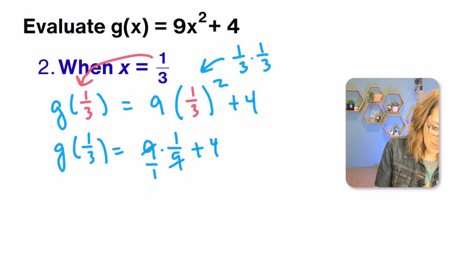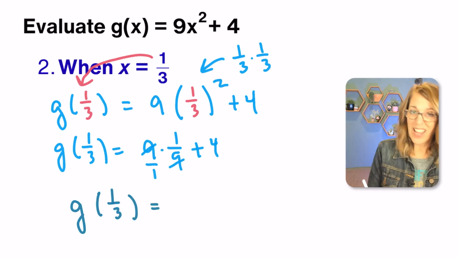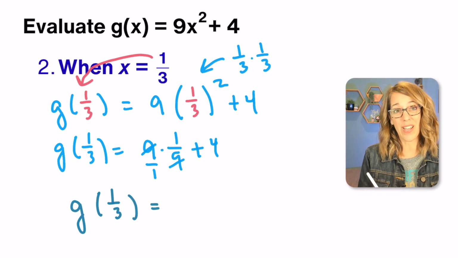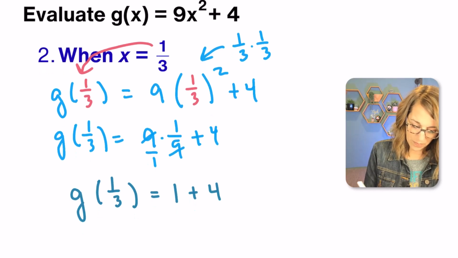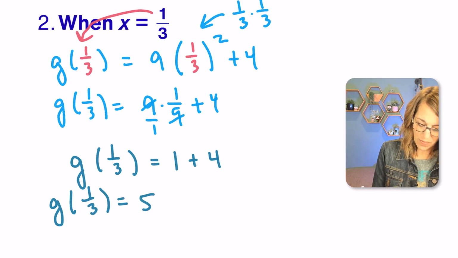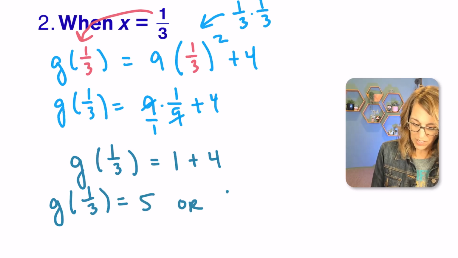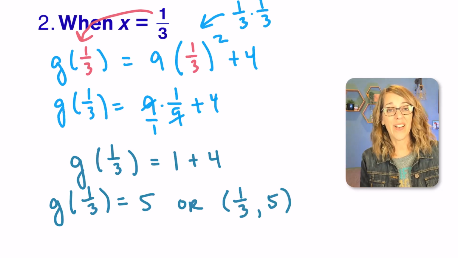Okay, so what do I have? I'm going to write this in a different color here. g of 1/3 is equal to, my 9s canceled, so I get a 1 divided by a 1, which is 1. 1 plus 4. So we end up with an output, so g of 1/3, the value of my function, is equal to 5, or we can express this as the pair, input of 1/3 and an output of 5.